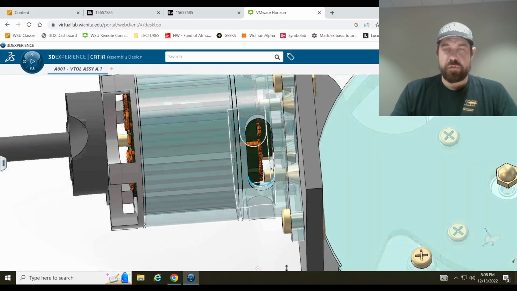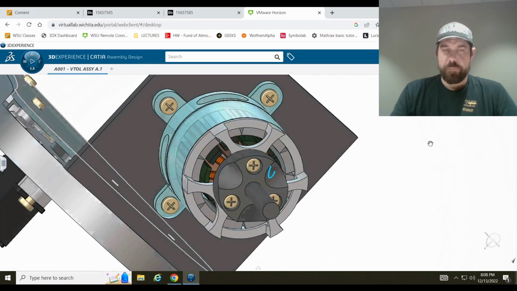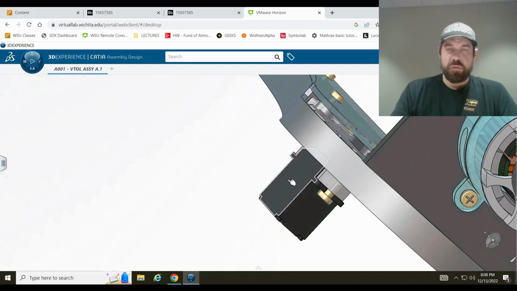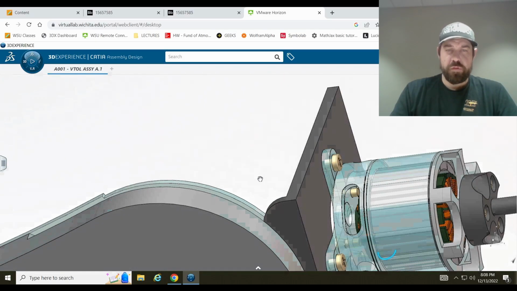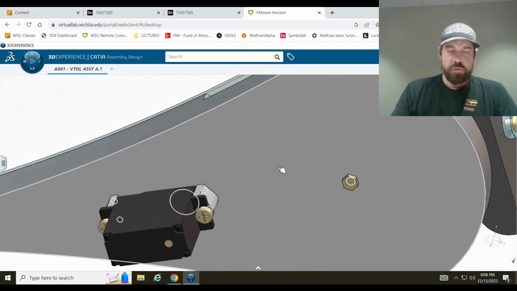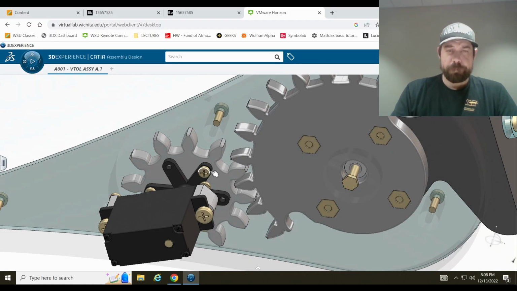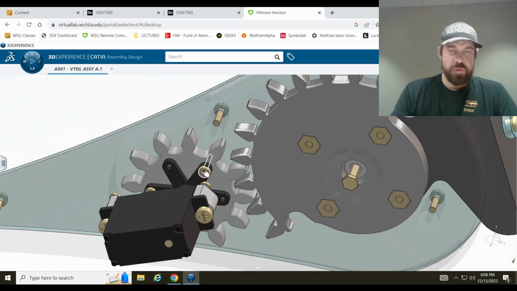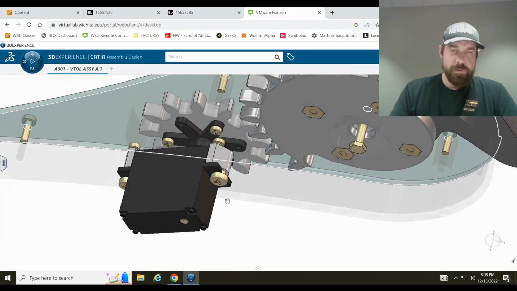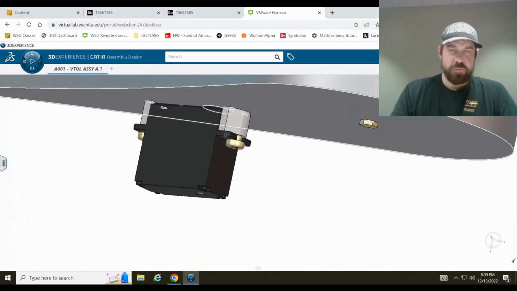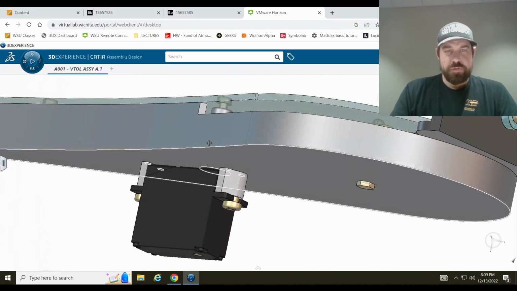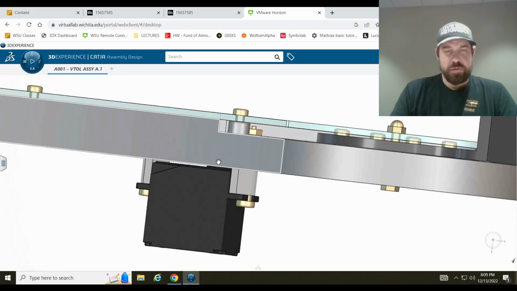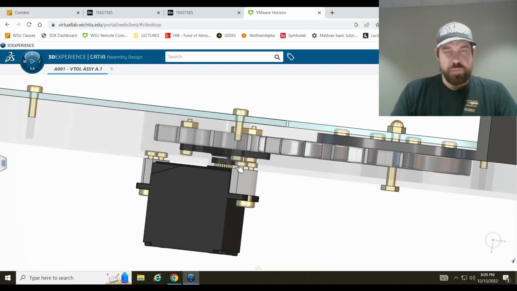Similar thing happened on the back here. The mounting hardware for these gears, this mounting hardware, this little screw, is actually starting to interfere with the housing. And if we can get a good view of it here, you'll be able to see that we just have a little bit of clearance with this plate and the other screws.